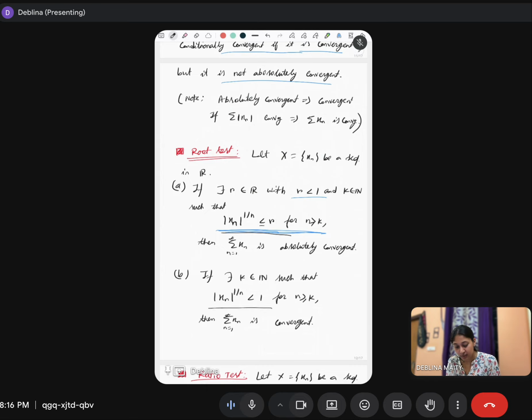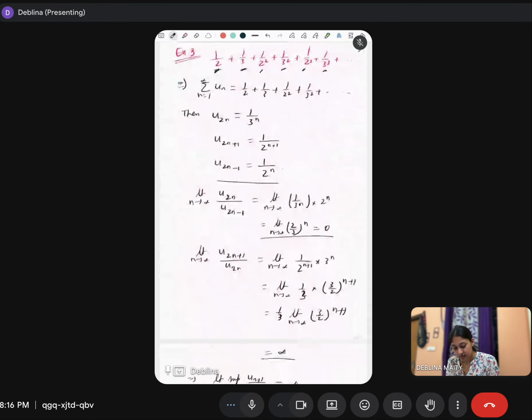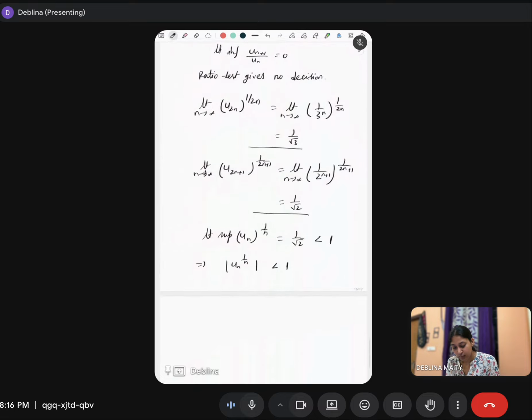From the test it is convergent, since the limit supremum is strictly less than 1. So this means the summation of u_n, n equals 1 to infinity, is convergent.